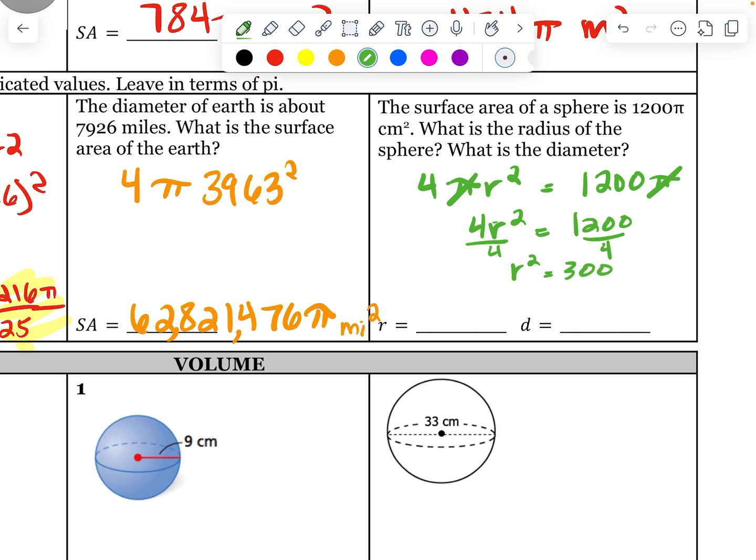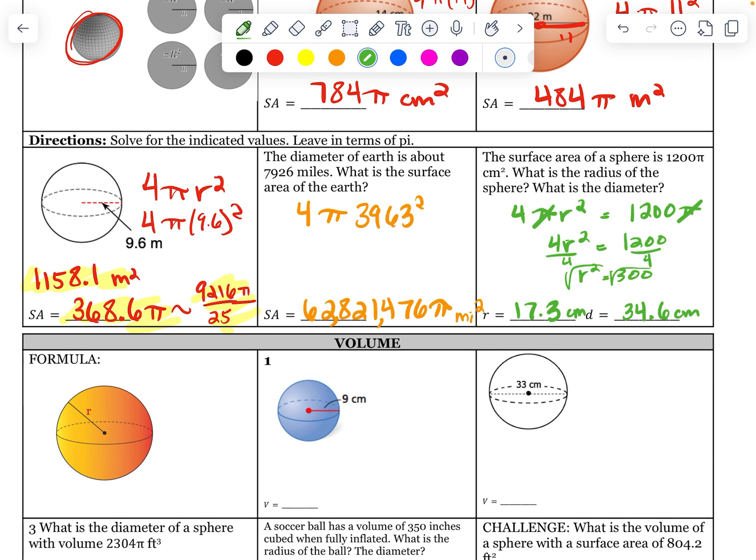So take the square root of both sides. The square root of 300 is 10 root 3, or 17.3 centimeters. So the diameter is 34.6 centimeters. We just had to work backwards on that one.